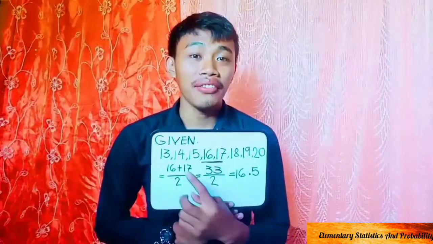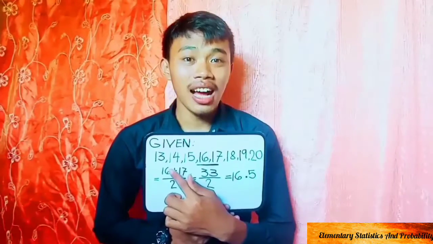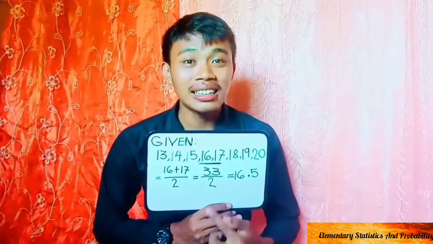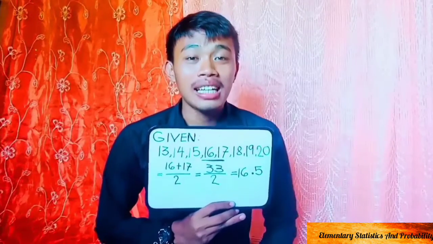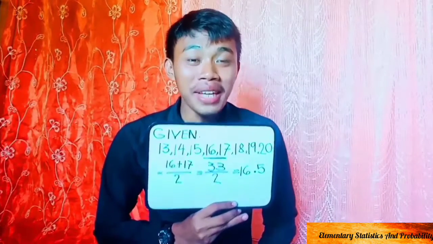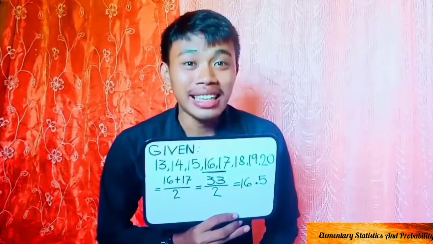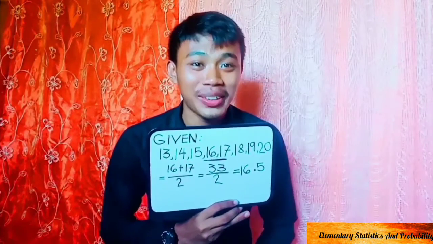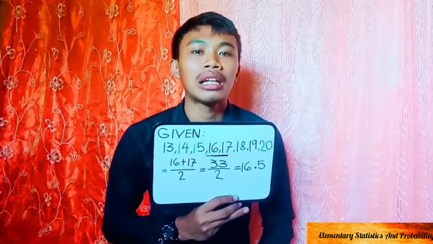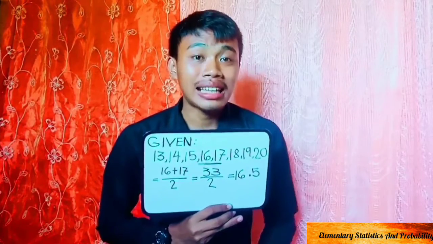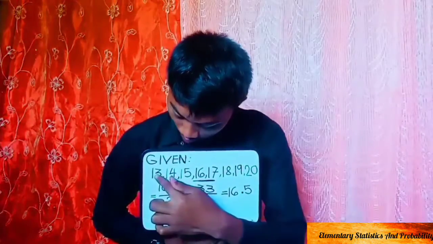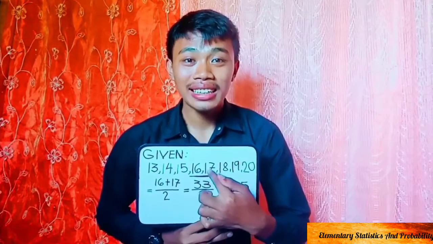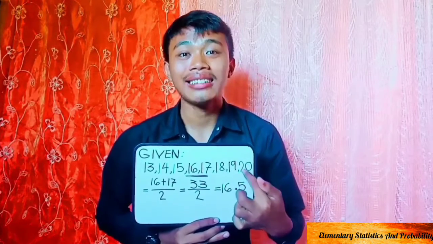Okay, given. This data is the ages of the young people who already have partners or are taken, who are in a relationship. Okay, so let's count. 1, 2, 3, 4, 5, 6, 7, and 8.